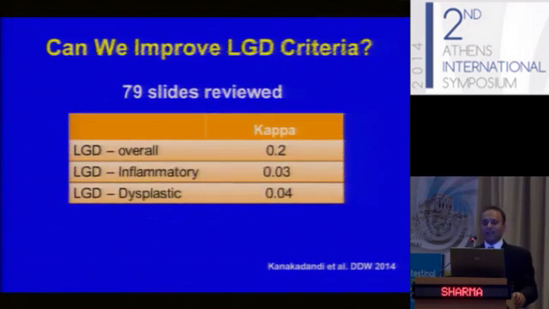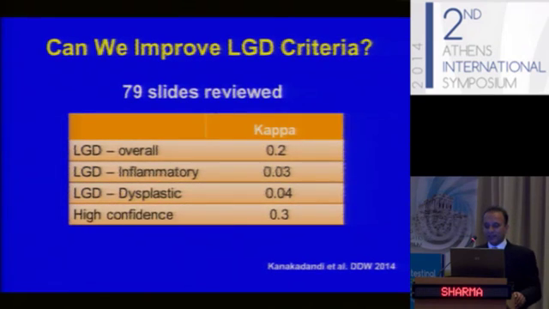When we subdivided it into inflammatory and dysplastic, they really didn't do any better, and actually the kappa values significantly fell down to really poor levels, which tells us that even amongst expert pathologists, this is a moving target, and we really can't define the disease, so finding a treatment becomes difficult when you don't know what the disease is that you're looking at.